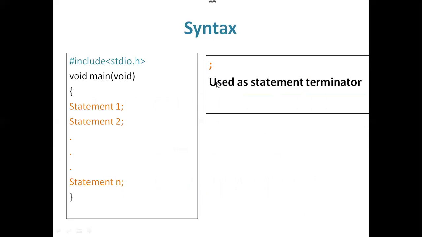The semicolon is used as the statement terminator, which means that after each statement you have to put a semicolon. There are some exceptions which we will see in the coming lectures. However, using the semicolon is a very important part of the syntax. So this was the basic syntax which you have to follow in every C program you write.